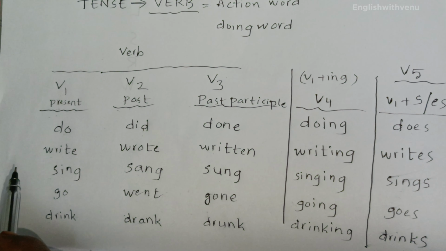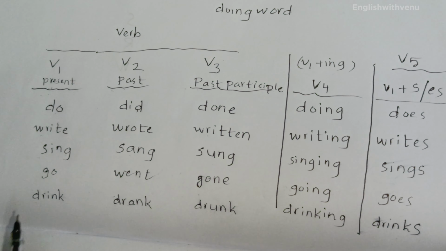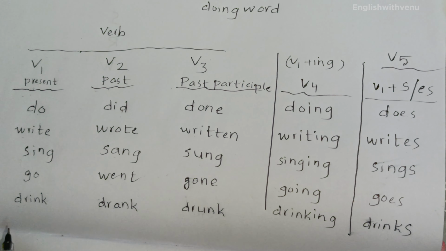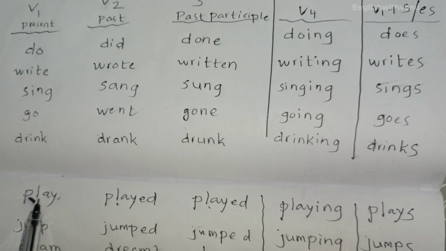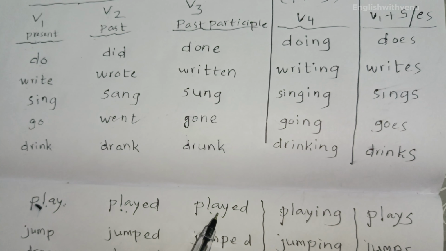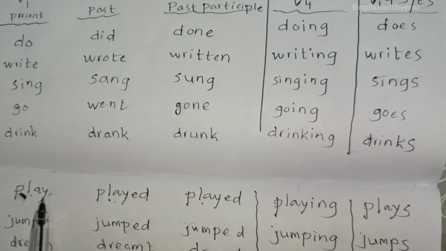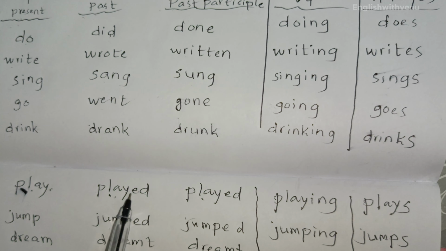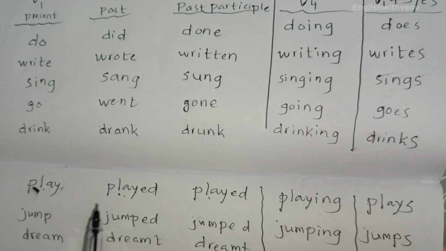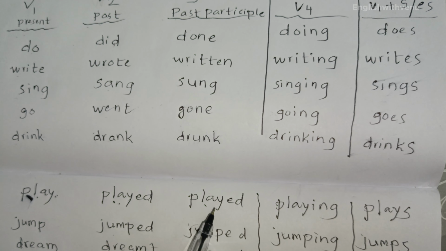And in English, we have strong verbs and also weak verbs. What is a weak verb? Suppose play, play, played is past form and played is past participle form. Here we have only added ed to this particular form to get past form of the verb and past participle form of the verb.